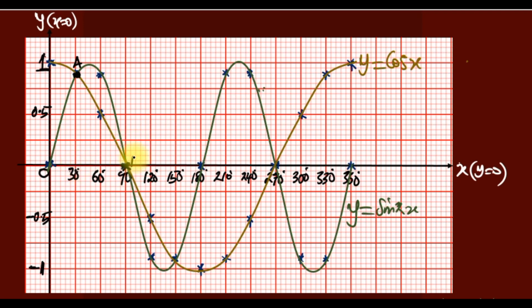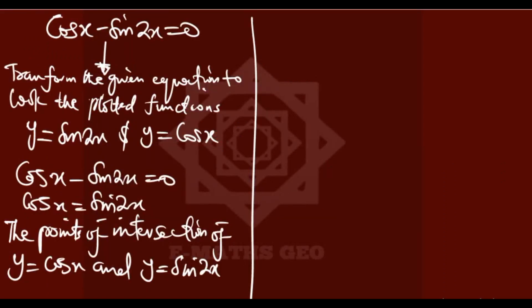That's the solution B. That's the solution C, which is x equals 150. And then D. So the answers are the points of intersection of these two graphs, which are 30, 90, 150.